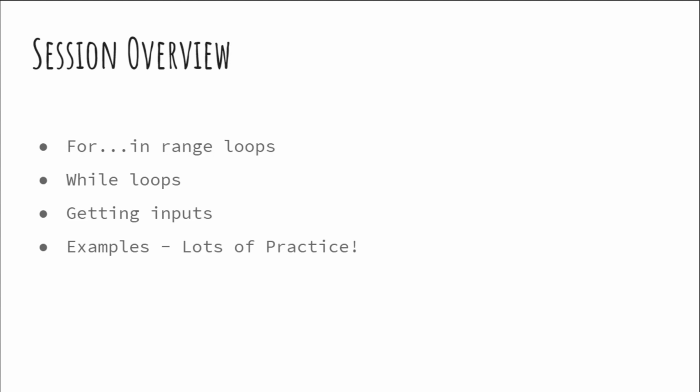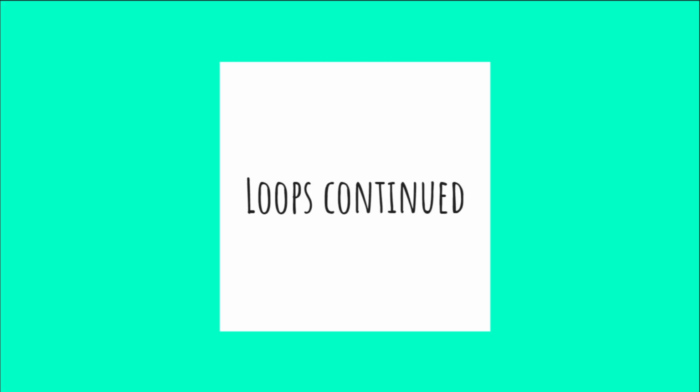Then we're going to talk about while loops, which are different in a couple of significant ways. We're going to talk about getting inputs, and then we're going to go over some examples.